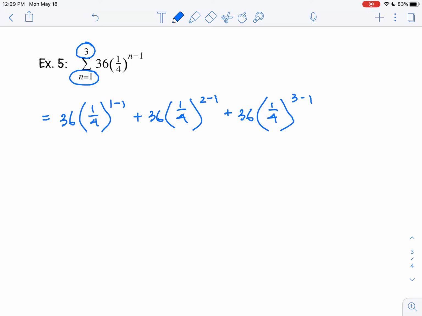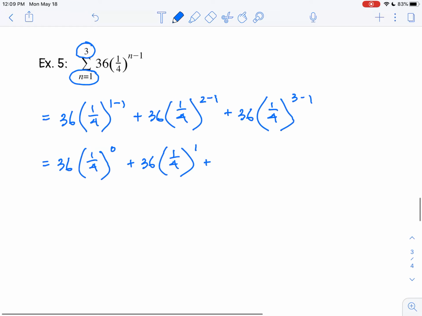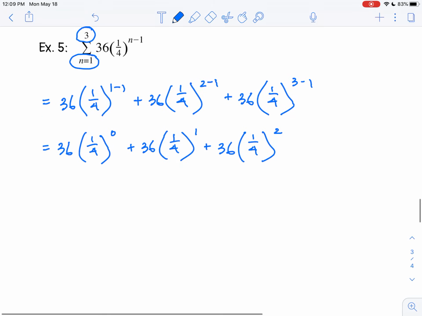That's when I plug in 3. All right, let's simplify. So 36 times 1/4 to the 0 plus 36 times 1/4 to the 1 plus 36 times 1/4 squared.